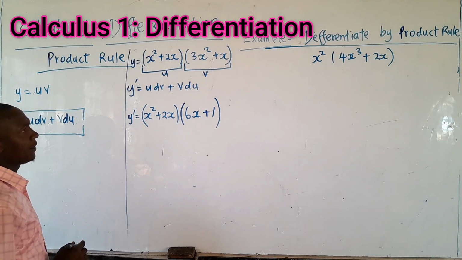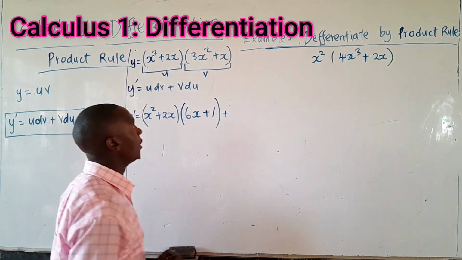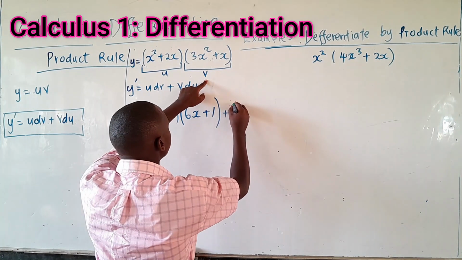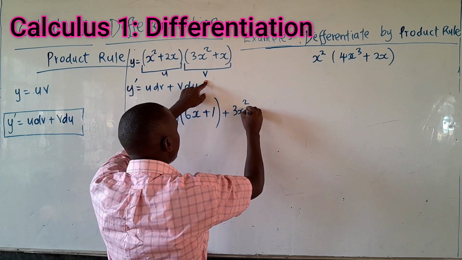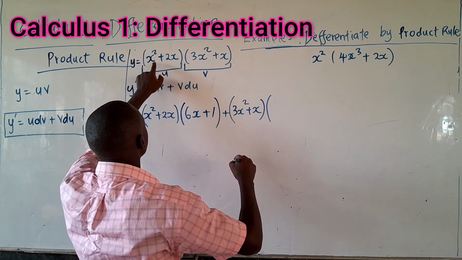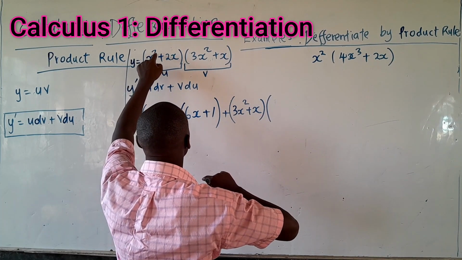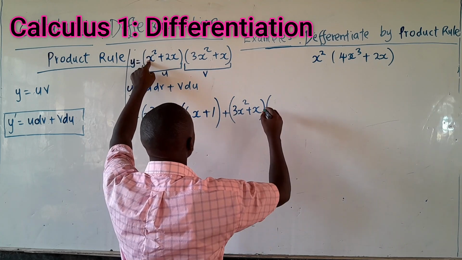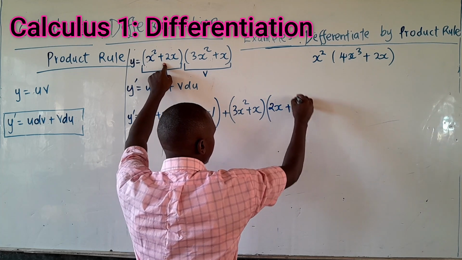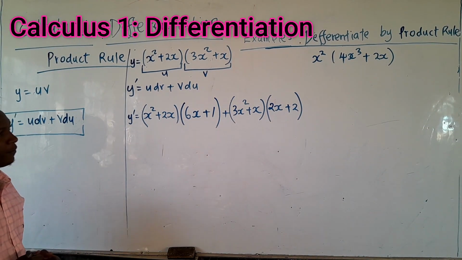Now we add that to v du. v is 3x squared plus x, and we multiply it by du. du is the derivative of the first function, that is going to be 2x plus 2. That becomes the derivative of our function.